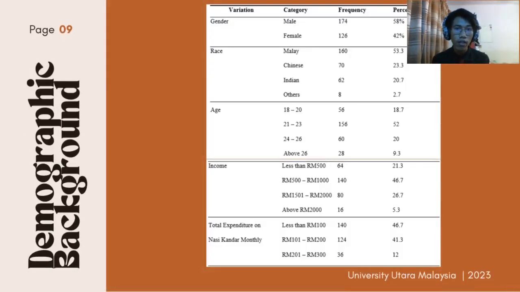From the data that we have collected in demographic background, gender shows that there are 174 male respondents or 58%, which is higher than female respondents with a total of 126 respondents or 42%. Race shows that Malay respondents are the highest with a total of 160 respondents or 53.3%, while the lowest respondents fall into the other race with a total of 8 respondents or 2.7%.